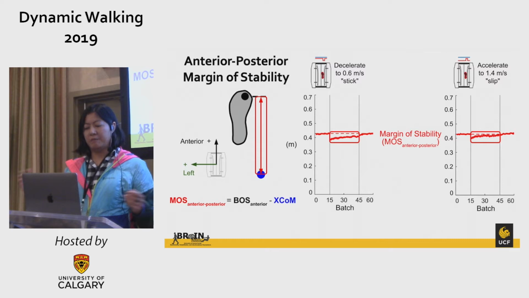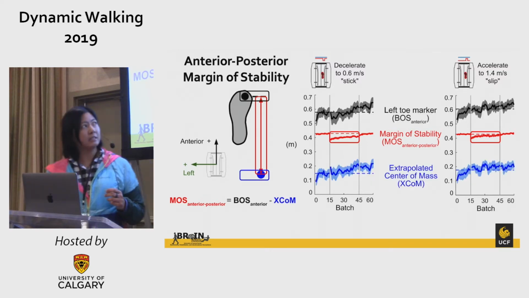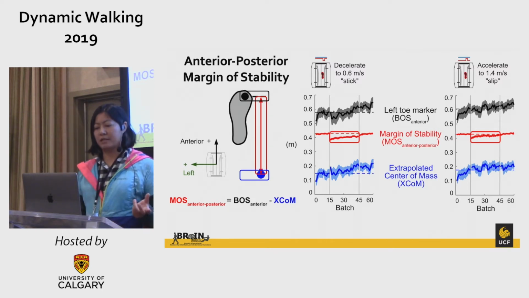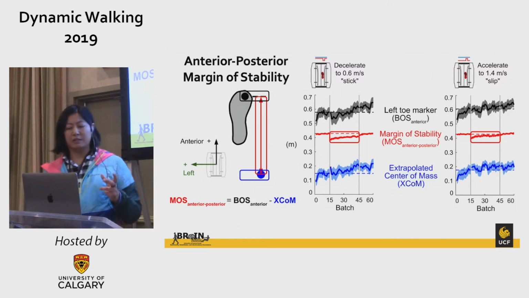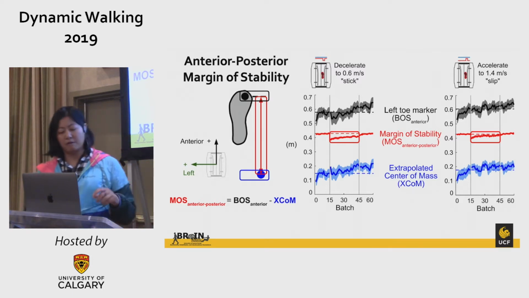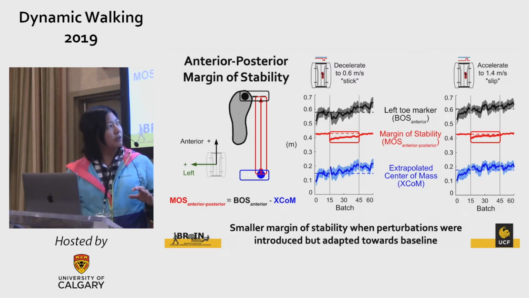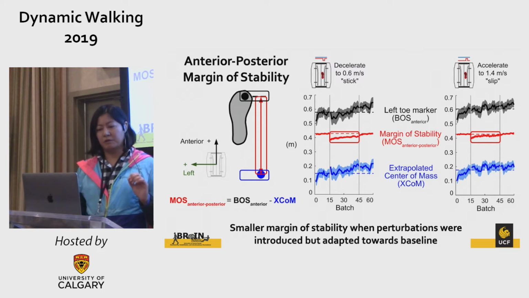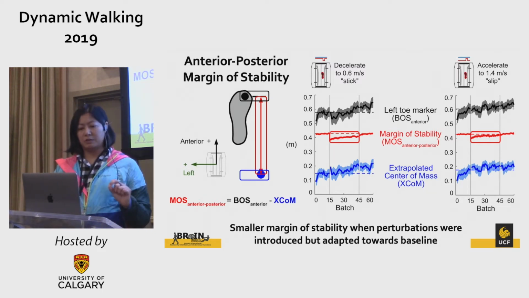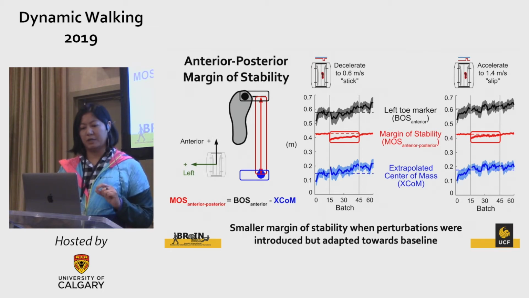And then over time, as they learn to adapt to this, they trend back towards the baseline. With the margin of stability, we can break that up into the 2 components by looking at the base of support and then the extrapolated center of mass to see if there's any difference in terms of how that margin of stability was changed. So here we don't really see a big difference between those. So from this, we see smaller margin of stability when the perturbations were first introduced, but they adapted towards baseline.